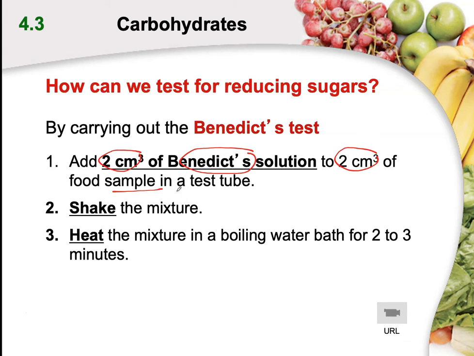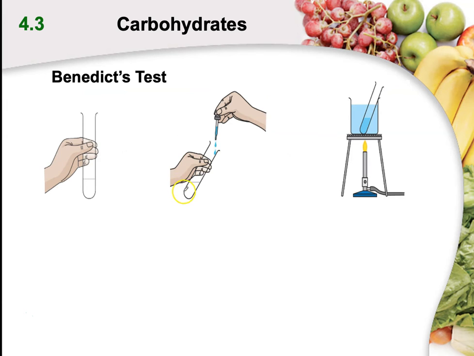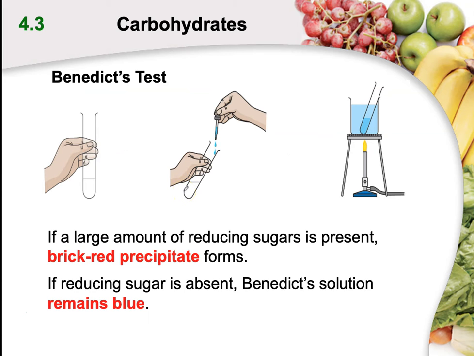Now, all these color changes are not quantitative. That means they are qualitative tests. They only allow us to see whether a particular nutrient is present by identifying its presence by changing color. Now, if you change a color, you do not know how much there is. So basically we have two possible outcomes.